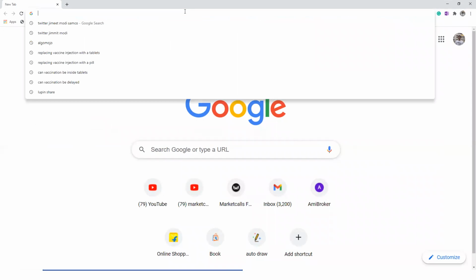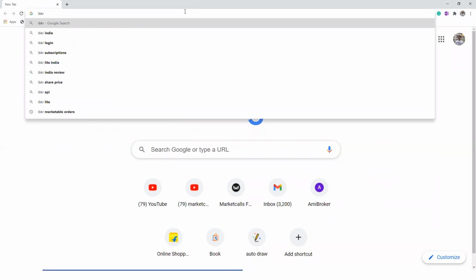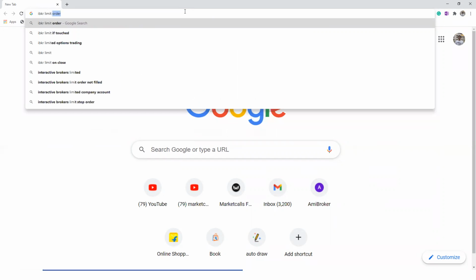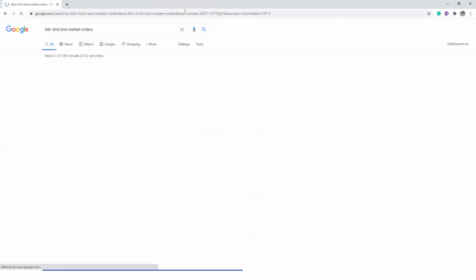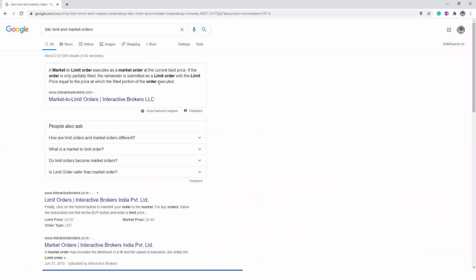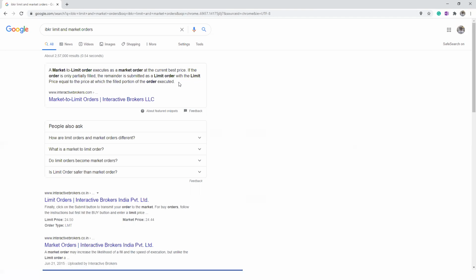So I'm going to spot a small resource over here. There's something called IBKR, a website called Interactive Brokers. They provide details on limit orders and market orders. They have a detailed explanation of how a limit order can execute like a market order.